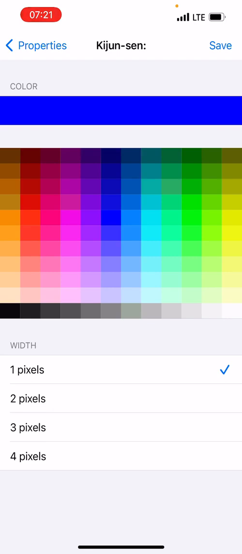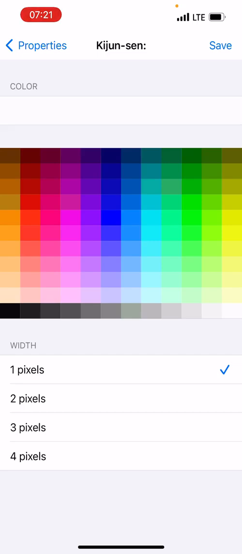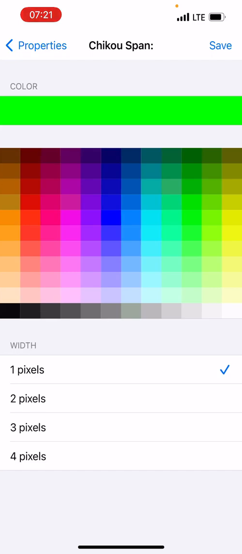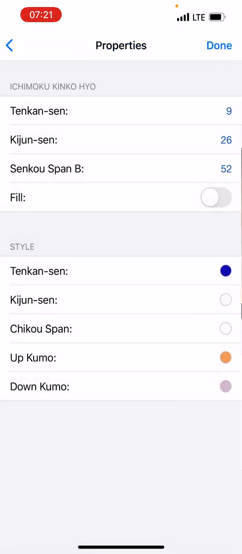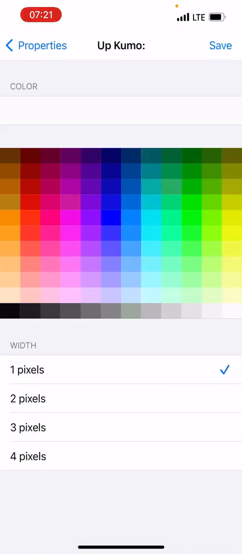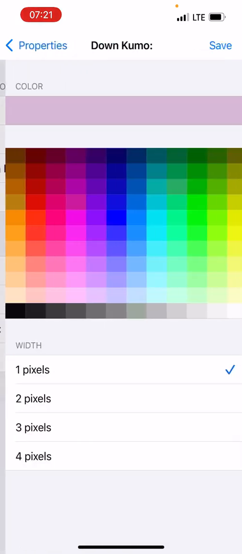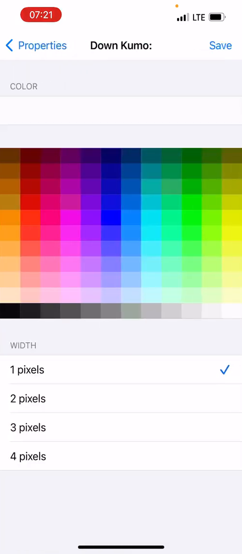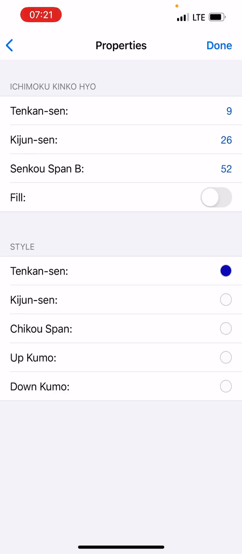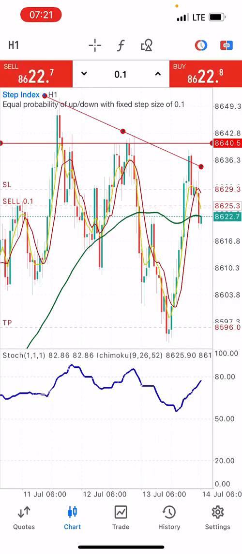You get that? So that's what we need. Make the color of your screen. If you're using a black screen, make sure you put black, otherwise you won't get it white. Save, white, and save. So done. So this is actually what we need.